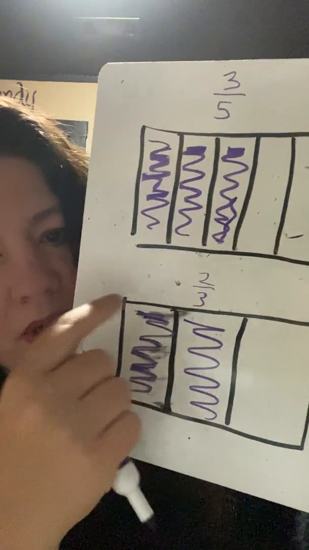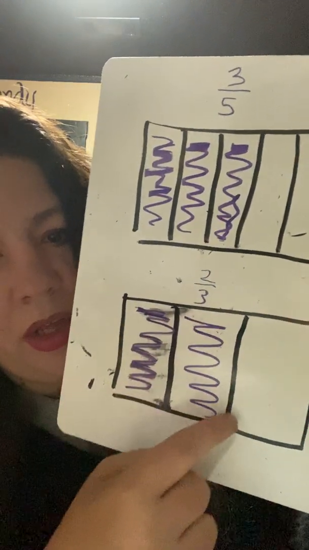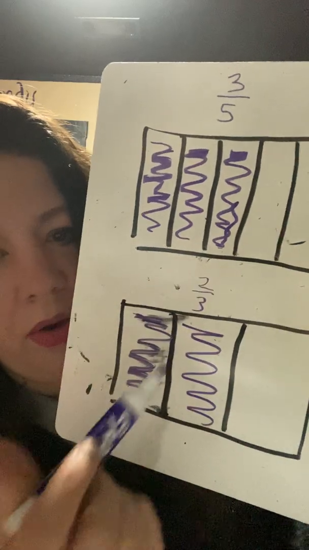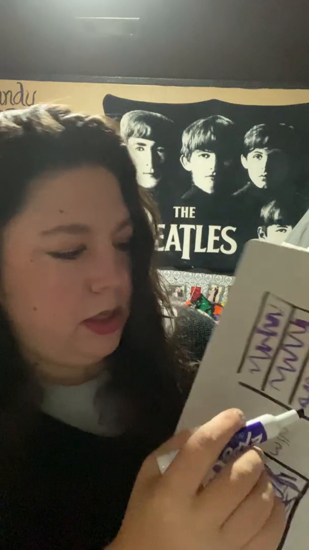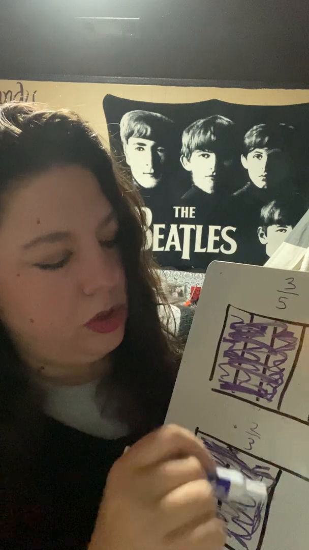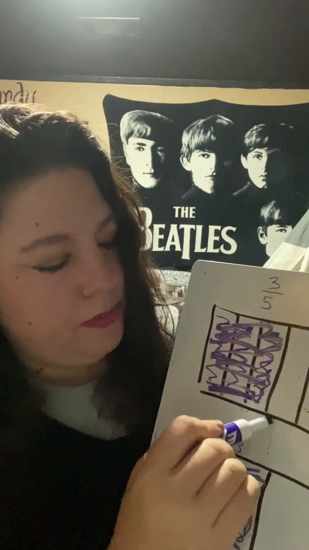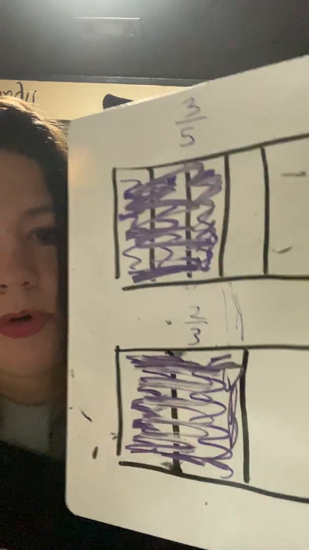But if you look at the picture, look, there's more colored in. There's more purple colored in this picture. There's all this, and this purple is only all this. This is a little bit more. See? It's a little more. So just look very carefully at the picture.